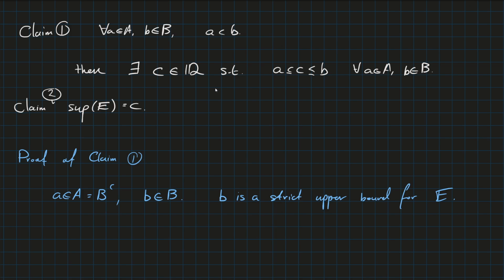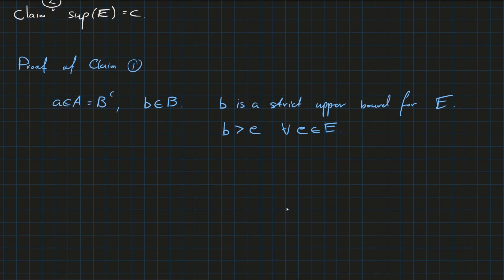Okay. So that means that b is strictly greater than e for all e in E. And we know that a is not in B, which means this property is not true, which means a is less than or equal to e for all e in E. And basically it follows, b strictly greater than e, less than or equal to a.